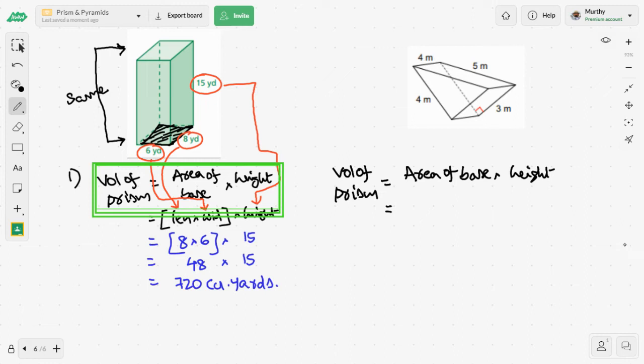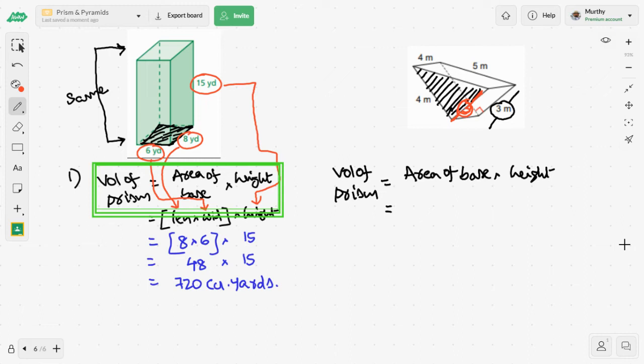I see that this one is a triangle. So if this is 3 meters, you know, the opposite sides are parallel. Therefore, this is also going to be 3 meters, right?